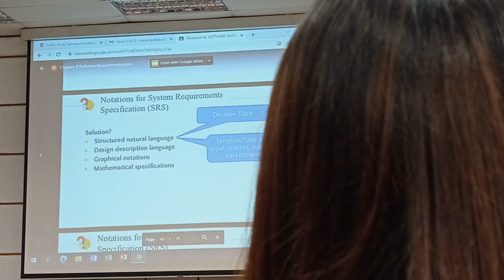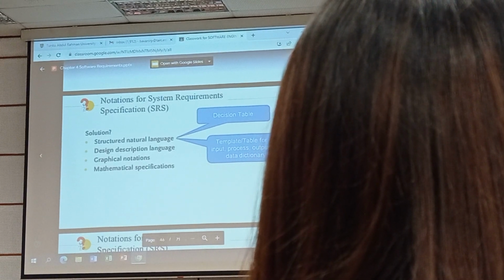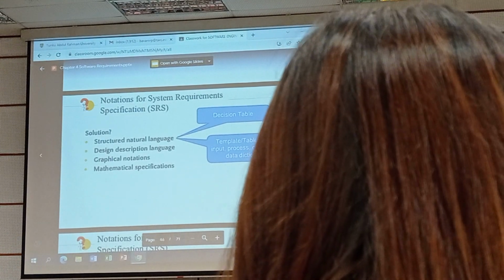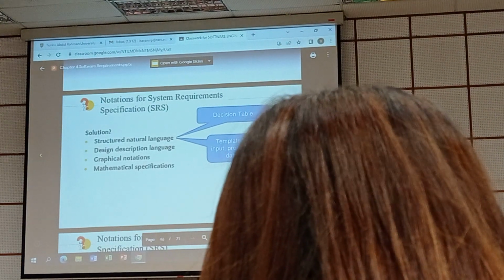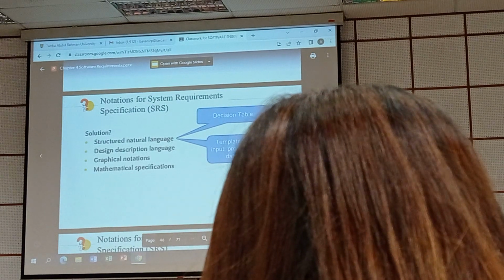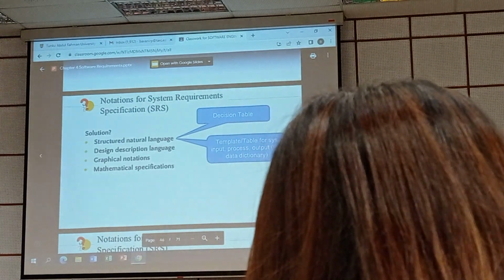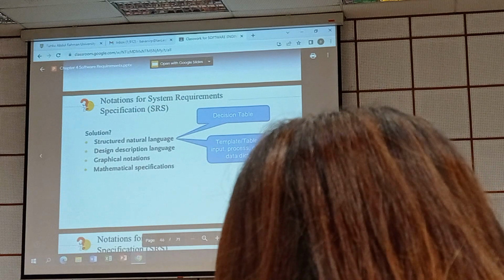The next one is a design description language. The example of a design description language is UML. What is UML? You know what is UML?